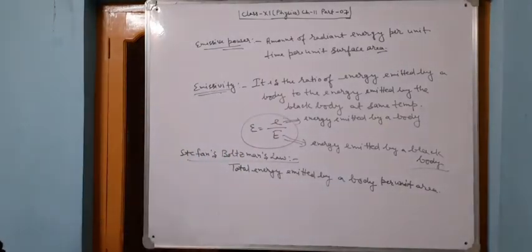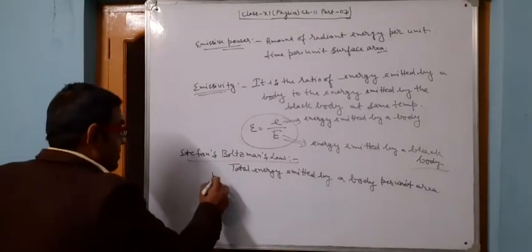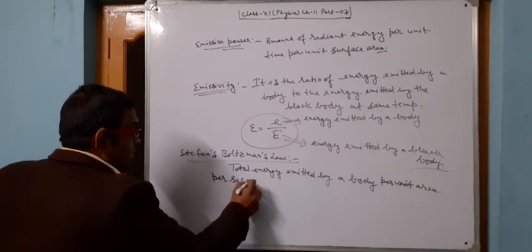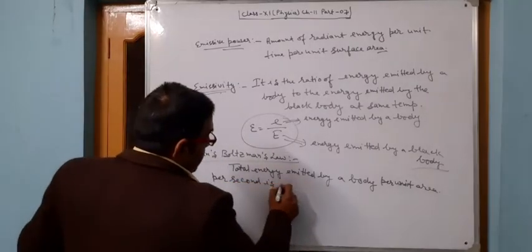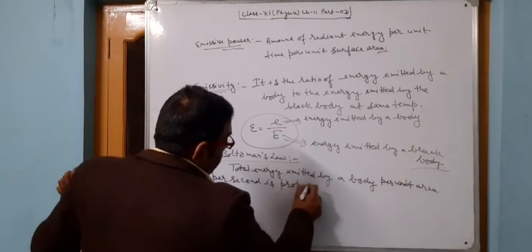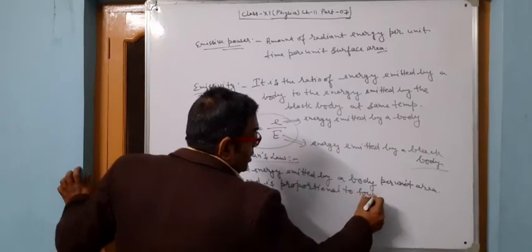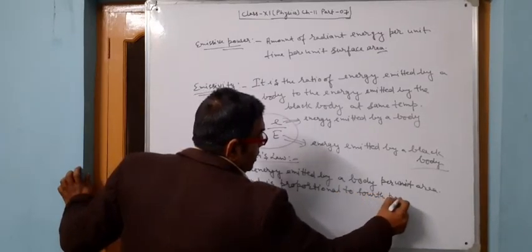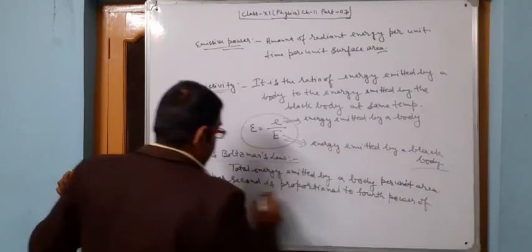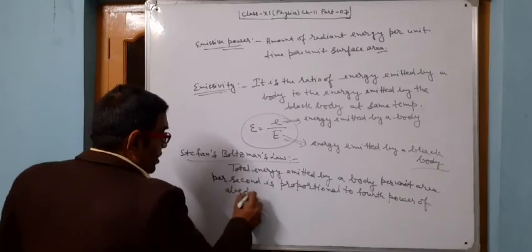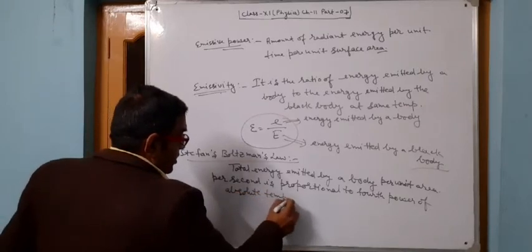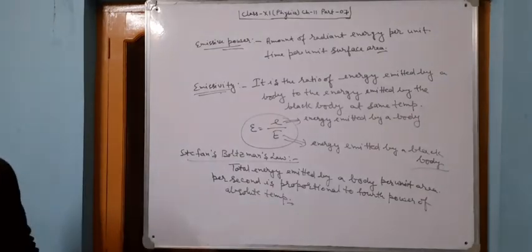That is, total energy emitted by a body per unit area per second is proportional to fourth power of absolute temperature.